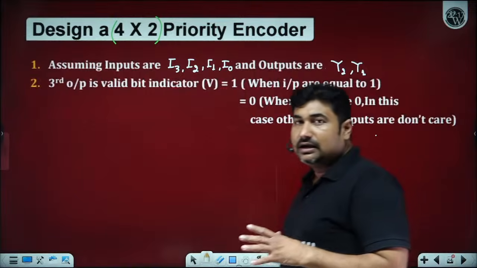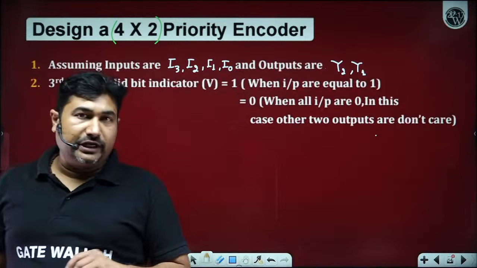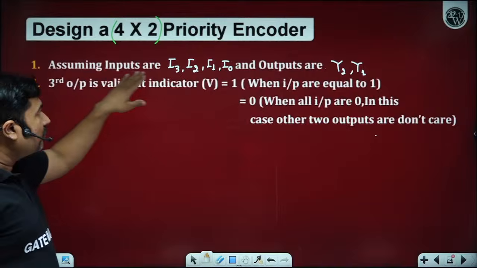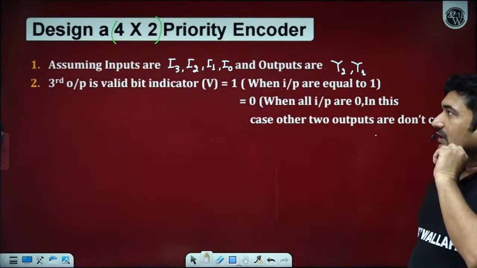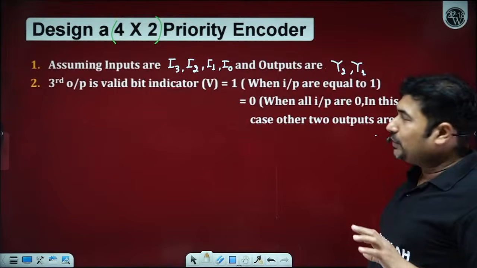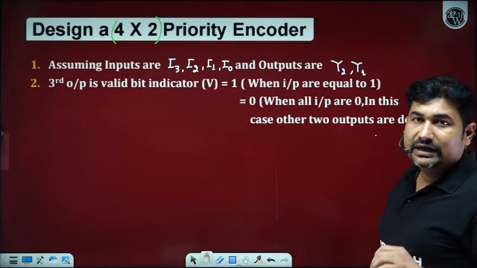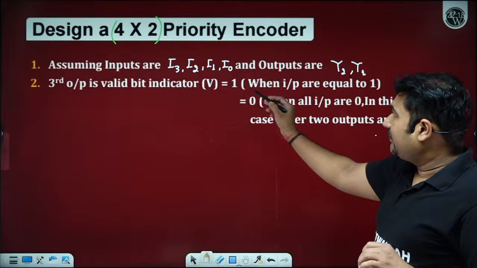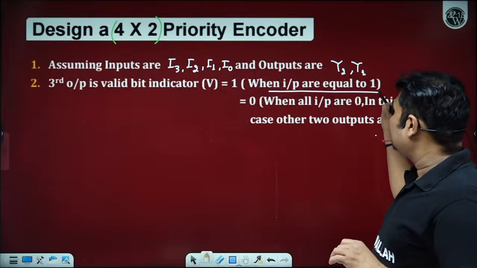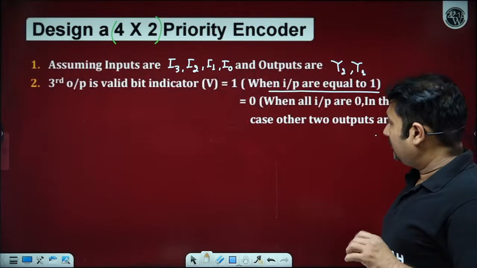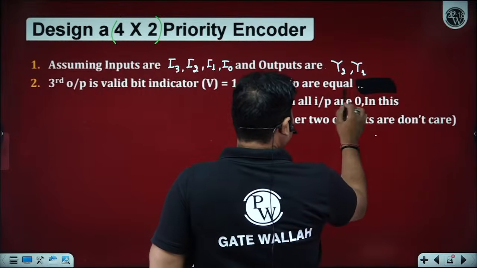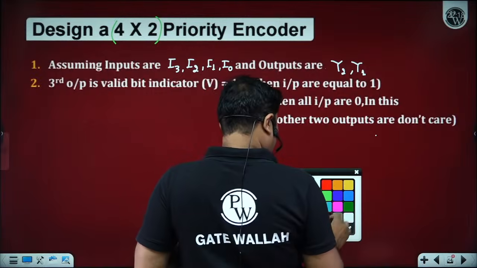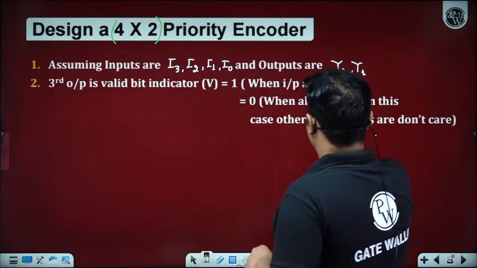Now come back to the design of the 4x2 priority encoder. We want to design a 4x2 priority encoder where the inputs are I3, I2, I1, I0. The third output is a valid output indicator. There is a small typing mistake here.